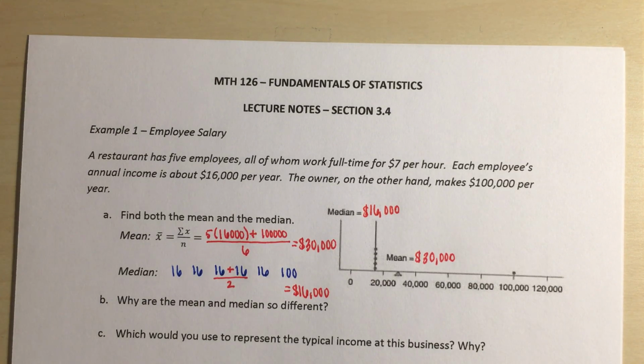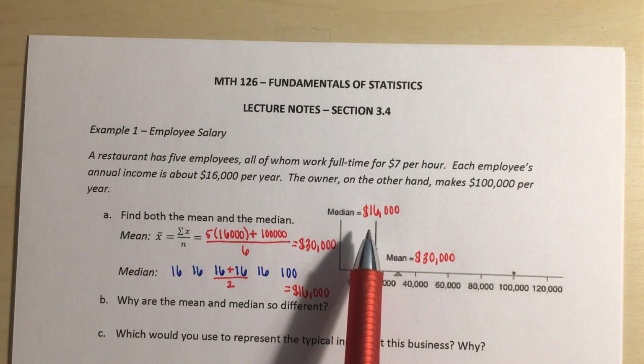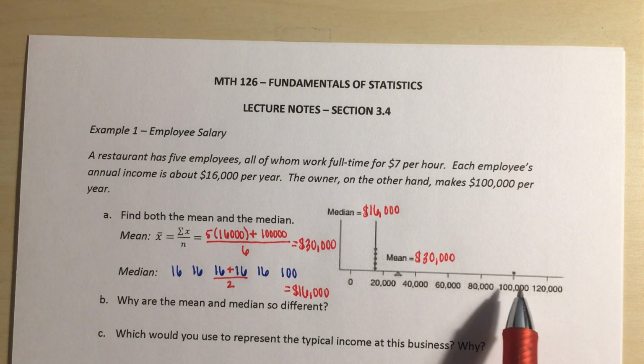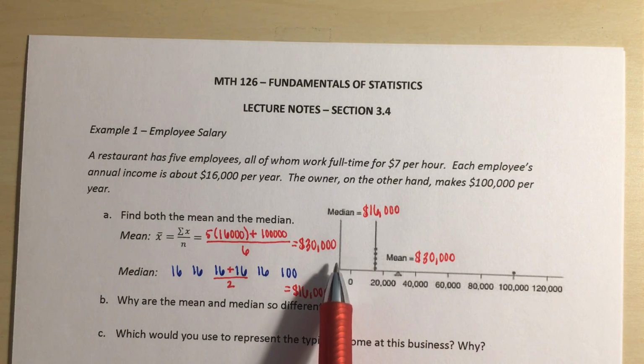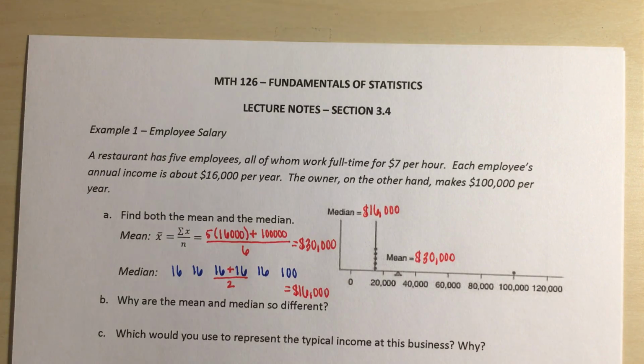All right, question B says, why are the mean and median so different? And if we compare these, and if we think about what we talked about in the previous little summary, our mean is much larger than our median. Because if we think about this one value out here, we are skewed to the right because our data would have a tail to the right.